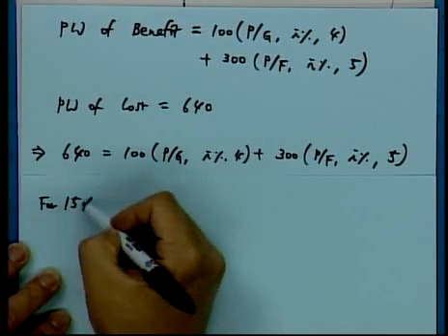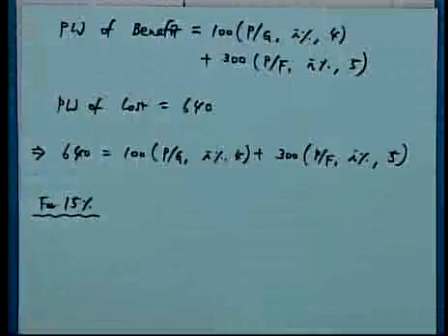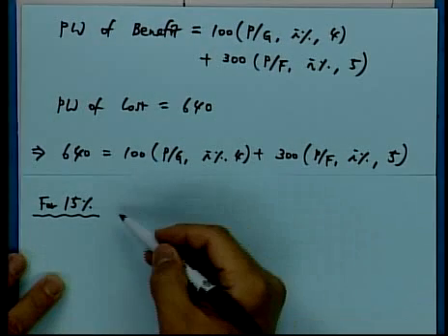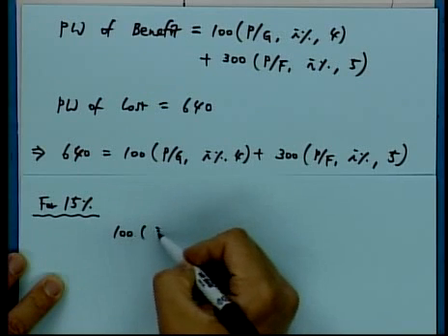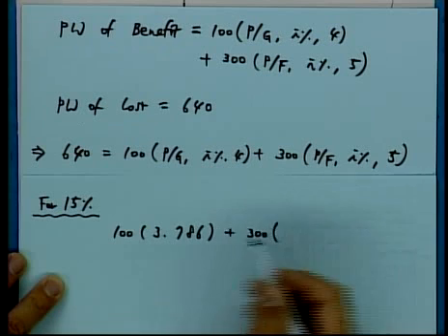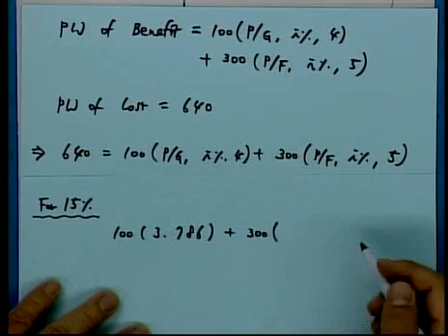For the 15%, the P given G over 4 periods is 3.786. 100 times 3.786 plus 300 times P given F over 5 periods, that is 0.4972.